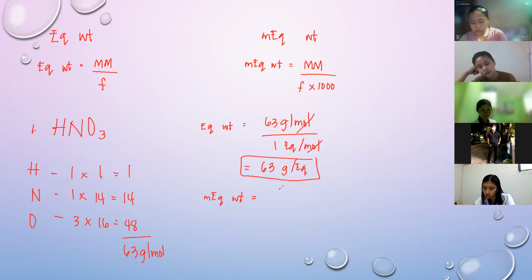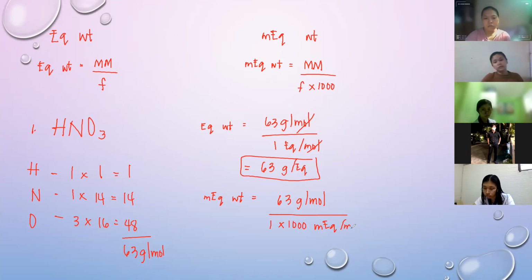For milli-equivalent weight, ganun pa rin. Molar mass, so 63 grams per mole. Yung difference lang, multiply mo ito sa 1,000. And then, ang unit niya magiging MEQ per mole na siya. So, you cancel the mole. 63 grams divided by 1,000 MEQ is 63 divided by 1,000.